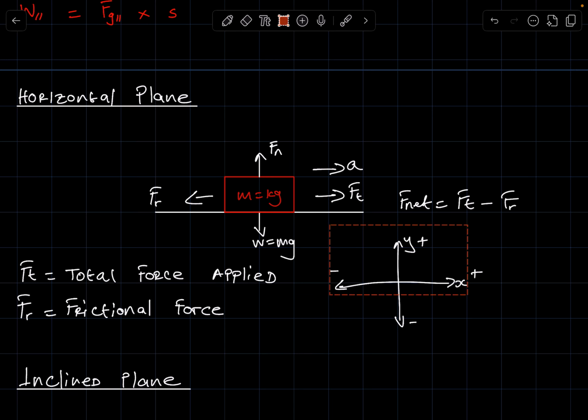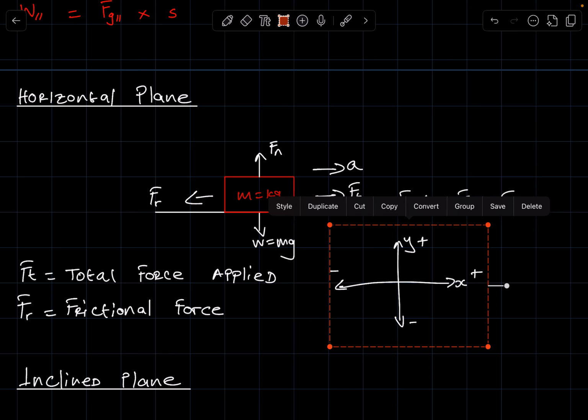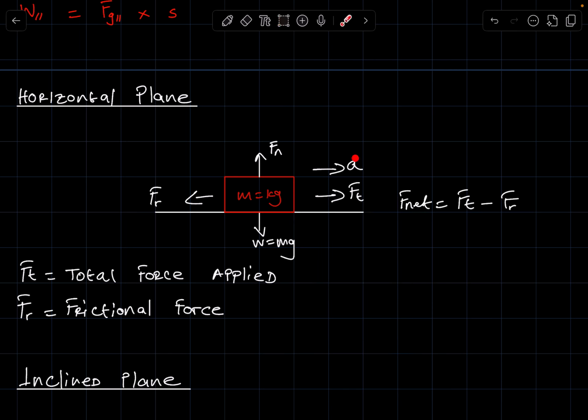Another way is by looking at the direction of acceleration. We say that the forces going in the same direction as acceleration, you take as positive, and the forces going against acceleration, you take as negative.